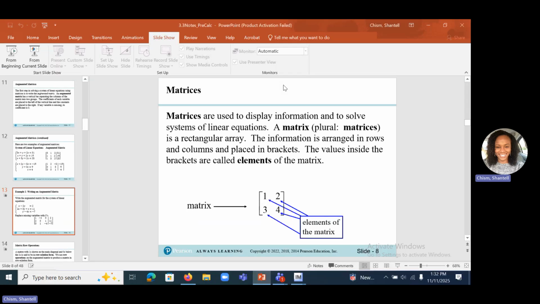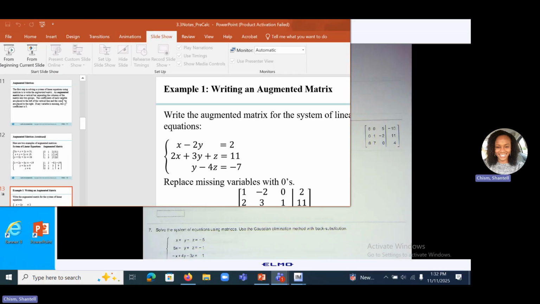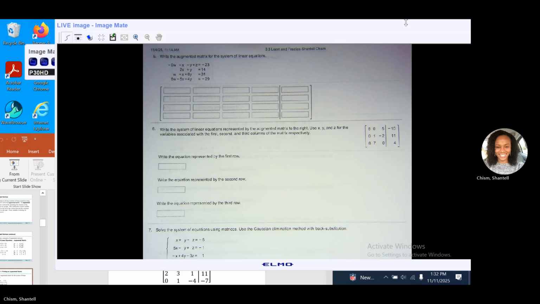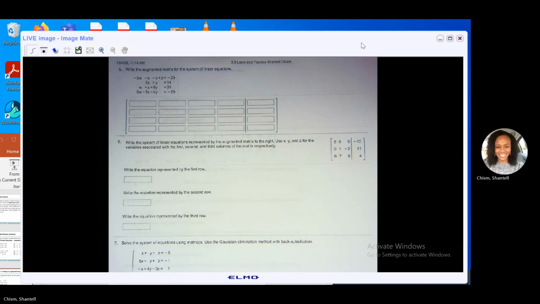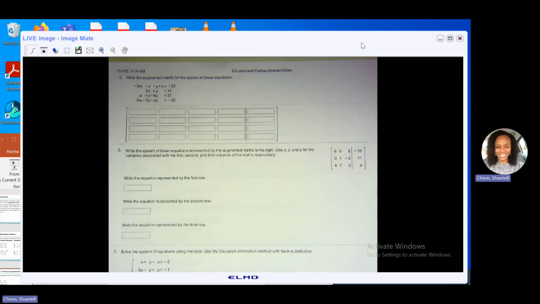Let's take a look at an example from the homework. So here we've got example number 5, the first start of the homework that begins with matrices.